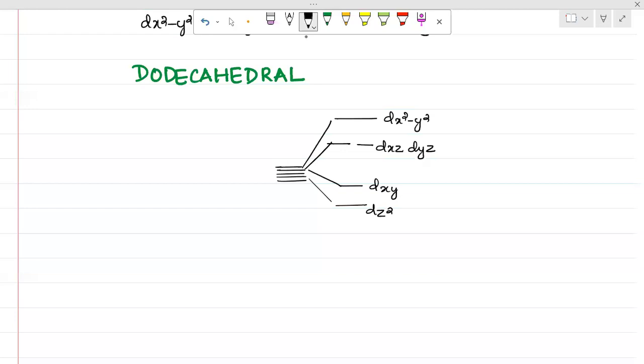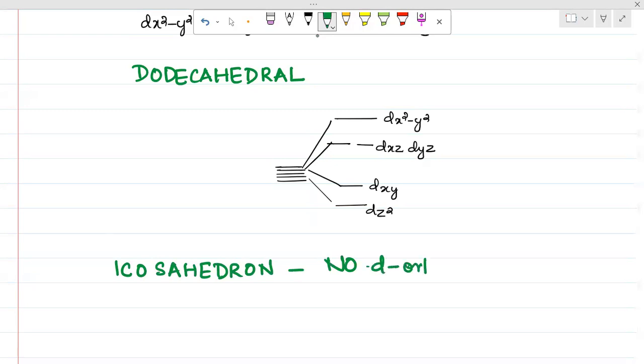Last one. There is one geometry called icosahedral. Icosahedron, wherein the d orbitals won't split. If I'm not wrong, no questions have been asked from this particular stuff that we have written.